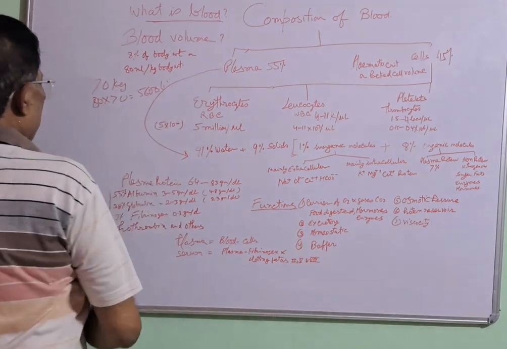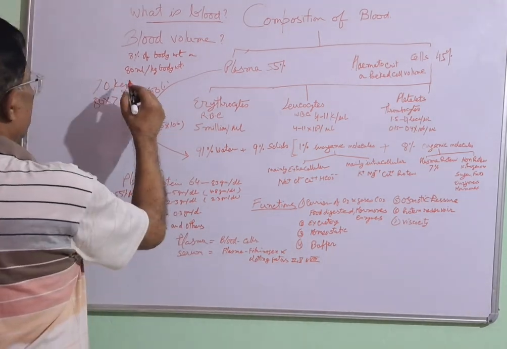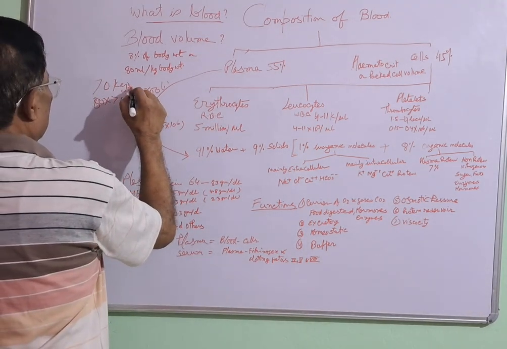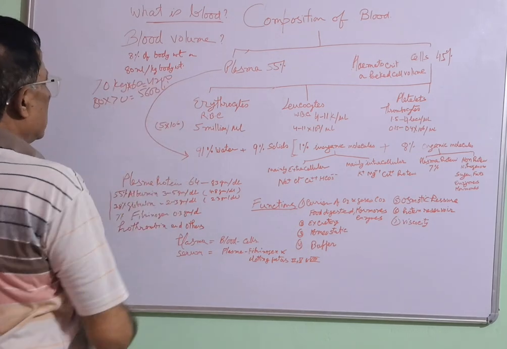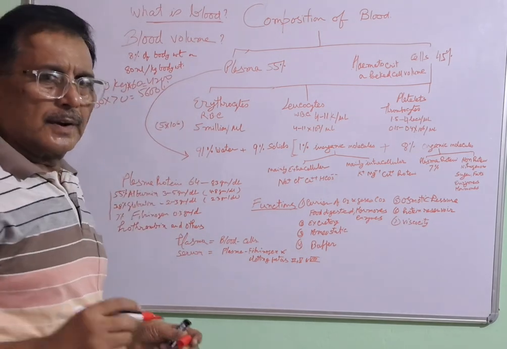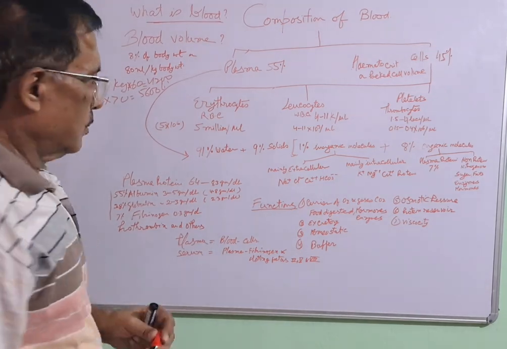If 60 kg, then it is 80 multiplied by 60. It is not fixed, but 5 liter is taken as normal.